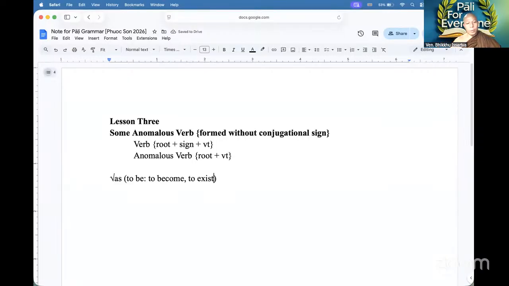Or maybe in this way, there is better. There is, or there is, or there are, that sense. Especially with the third person. Okay, so now basically to be.